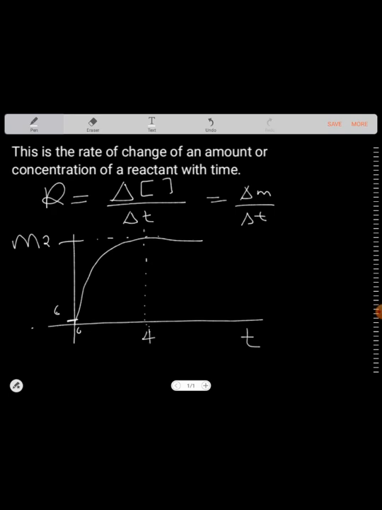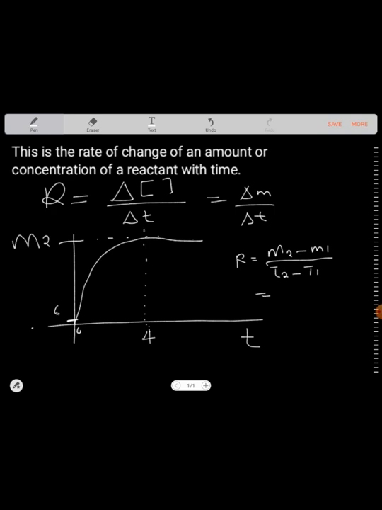So in this case, our rate of reaction will be equal to the change in mass, which is M2 minus M1, divided by T2 minus T1.